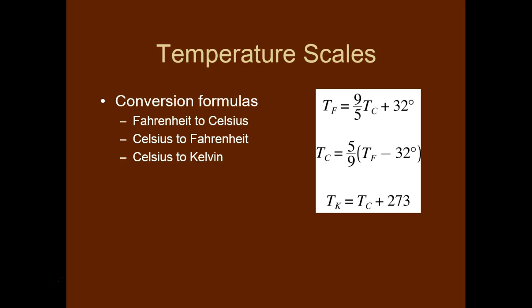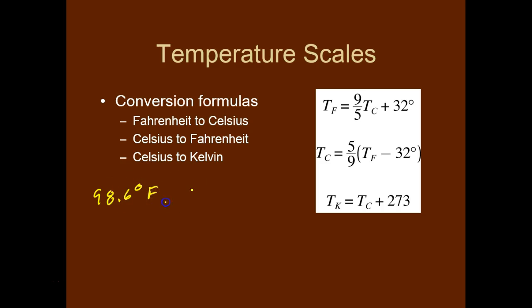The average human body temperature is 98.6 degrees Fahrenheit. If that were Celsius, we would be in serious trouble. What is the equivalent temperature on the Celsius scale? So how are we going to deal with this?